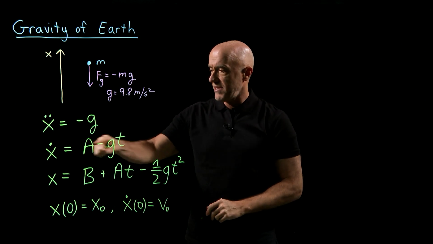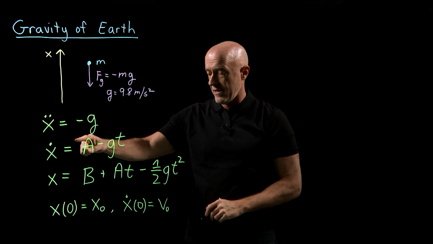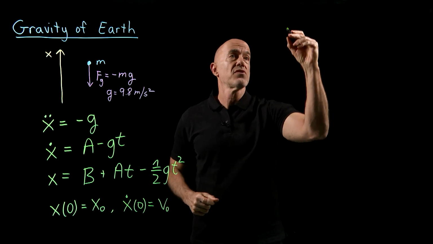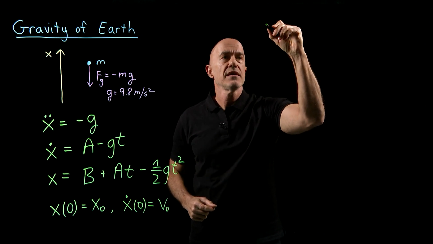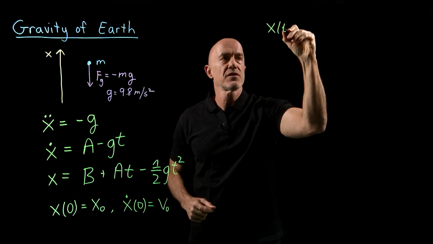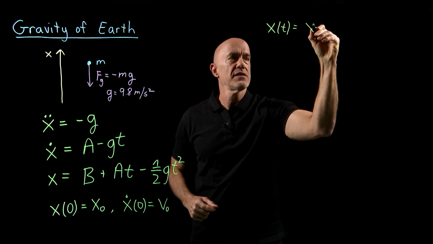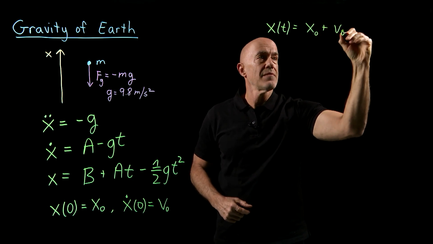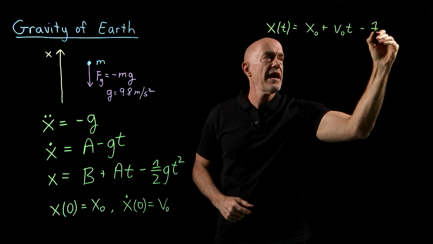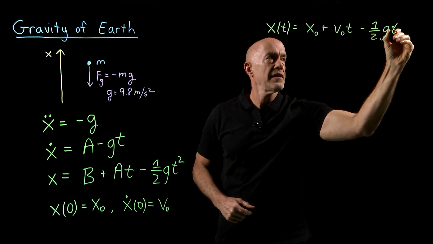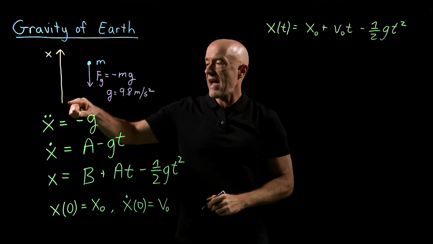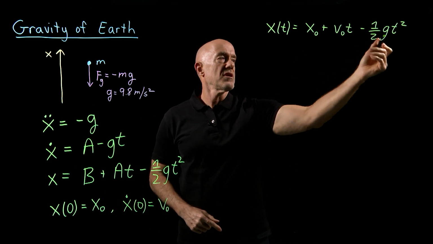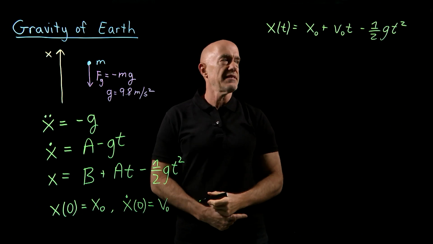And at t equals 0, x dot is equal to a, so that a is equal to v naught. So then we get our equation, which you might have seen before: the position as a function of time is equal to the initial position plus v naught times t minus 1/2 gt squared.